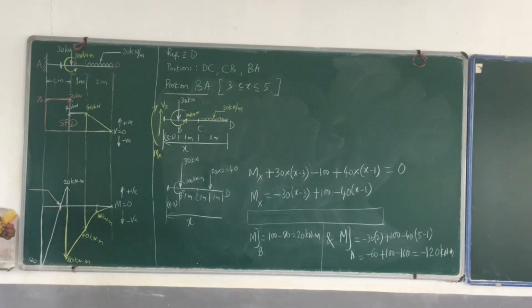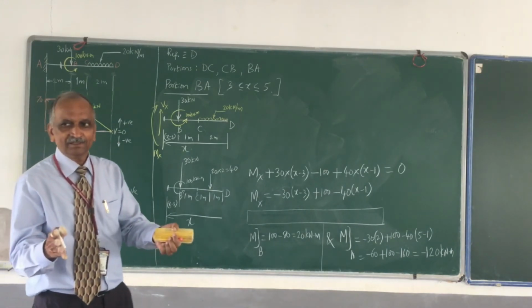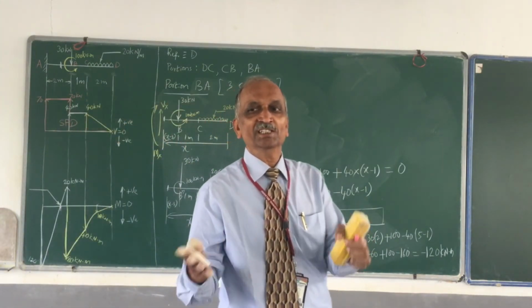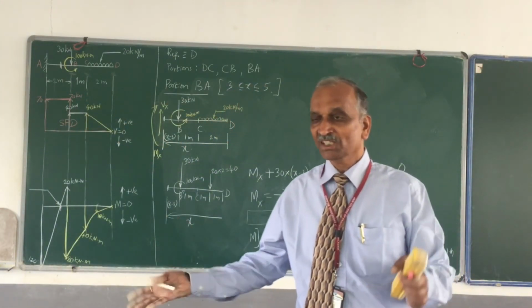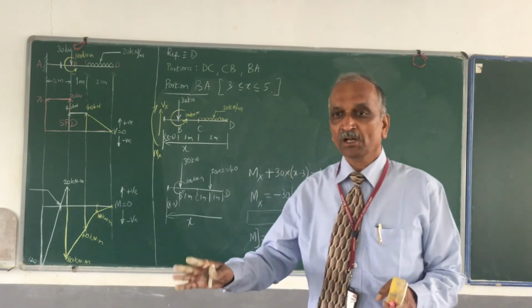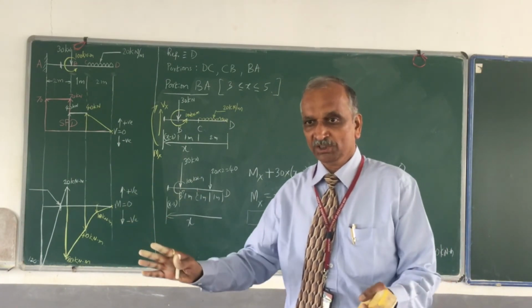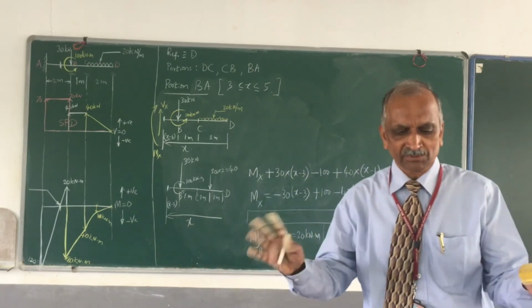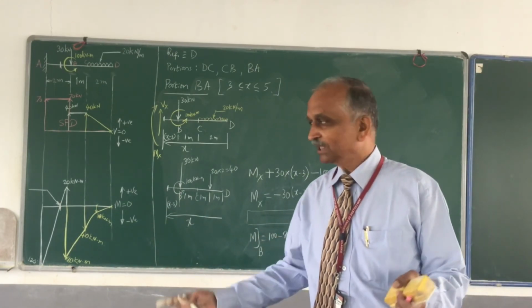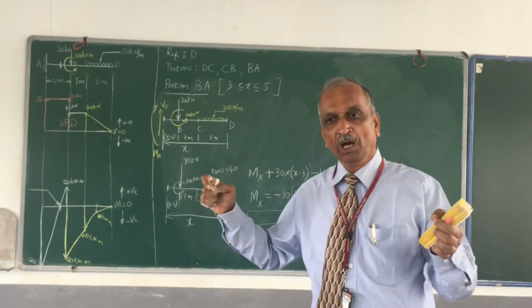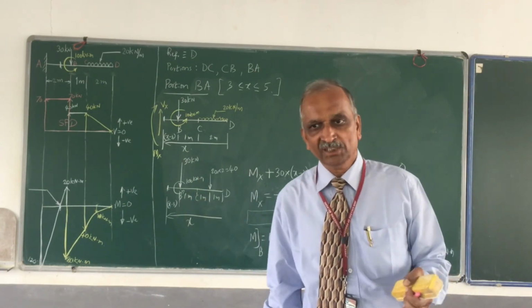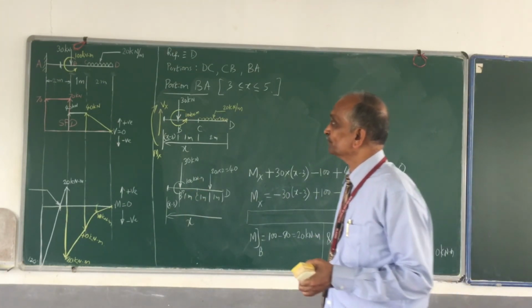At the same section, one side is positive, the other side is negative. So this section is called contraflexure. Contra means opposite. So a section subjected to opposite bending moment is known as contraflexure.